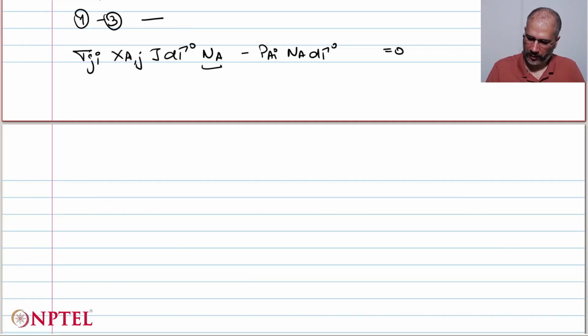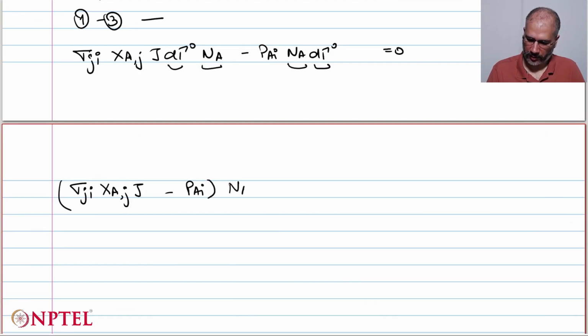Now we have N_A and dΓ naught common, so we can write σ_ji X_A,j times the Jacobian minus P_iA times N_A times dΓ naught is a 0. And since the normal vector is non-zero and so is the area, we get σ_ji X_A,j times the Jacobian as P_iA.